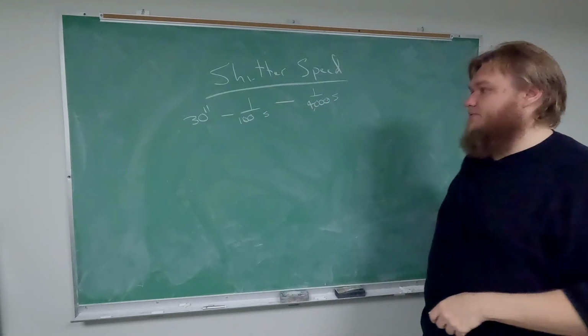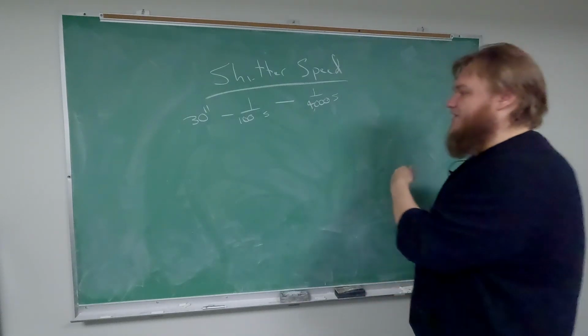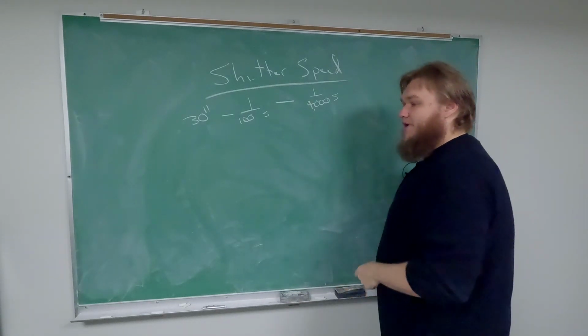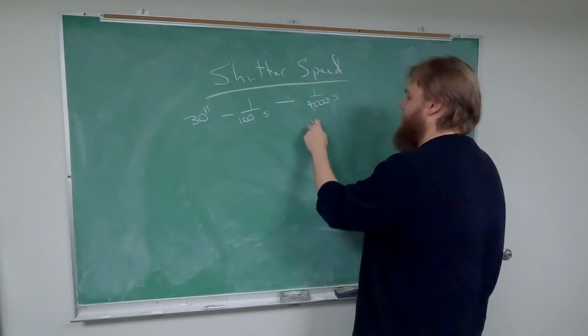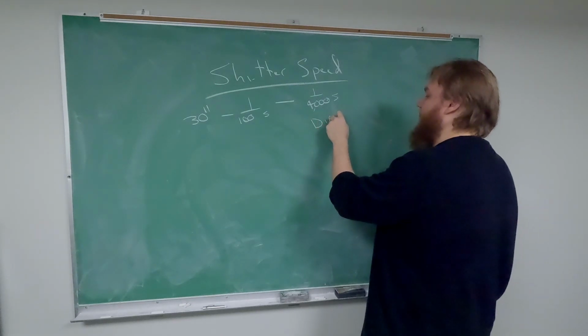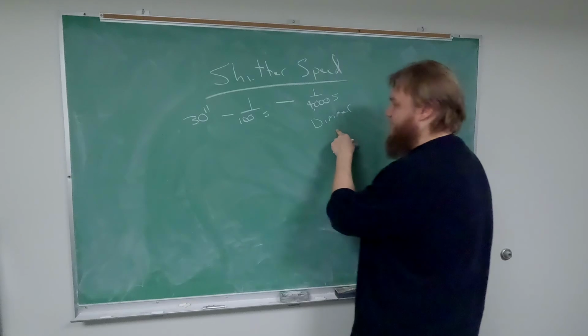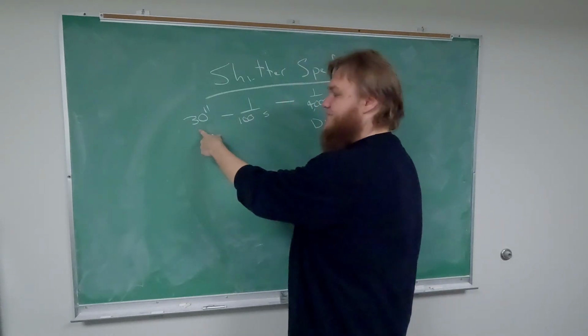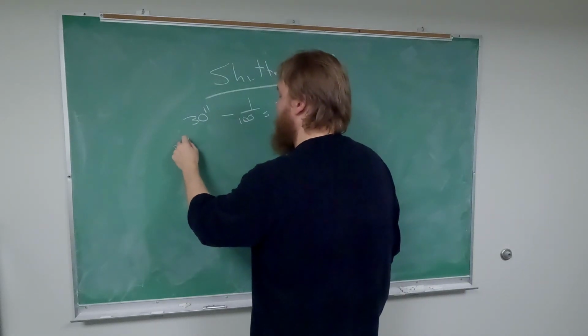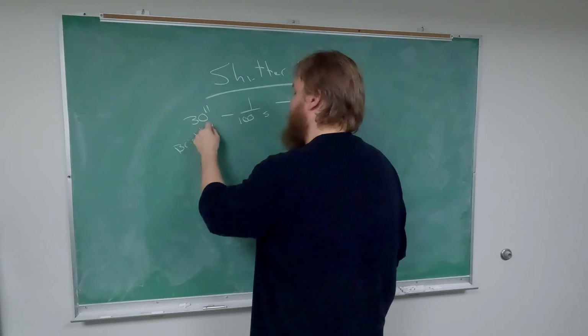So just as with ISO, one side is brighter, one side is dimmer. In this case, our dimmer and darker side is the faster shutter speed, and our brighter side is the longer shutter speed.